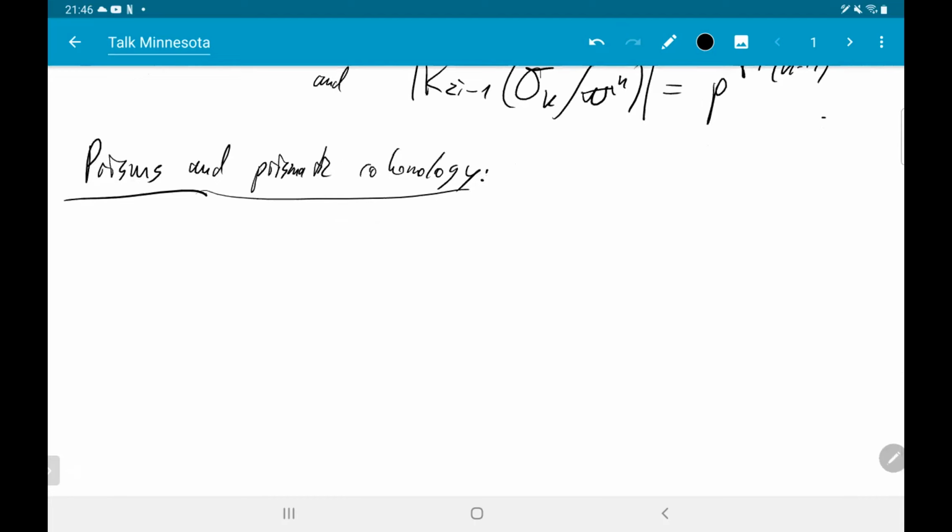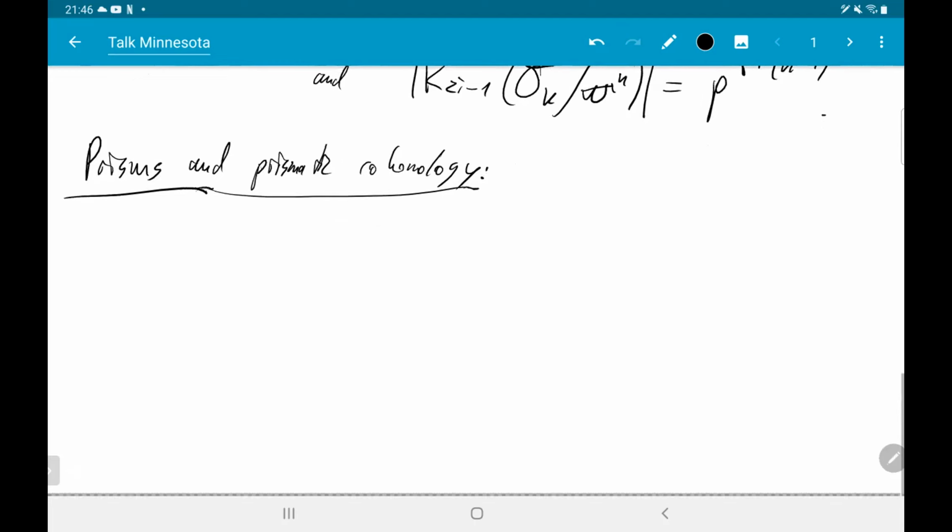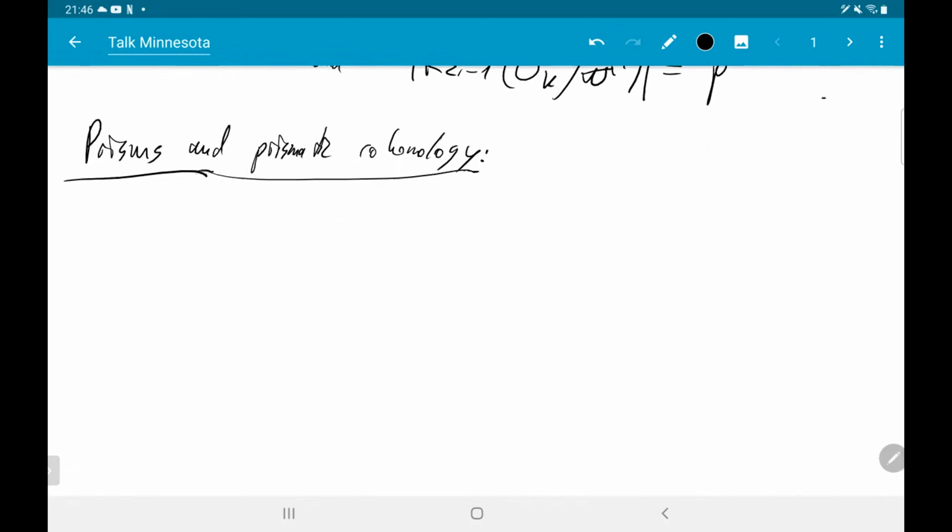The key ingredient in the definition of prismatic cohomology is the notion of a delta ring. Let me tell you what that is.